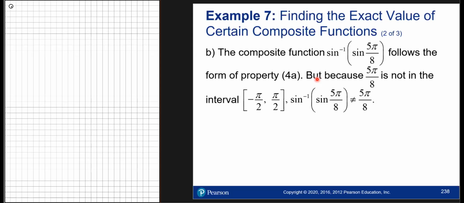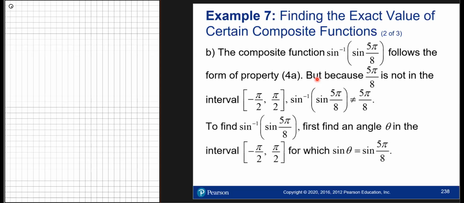But we want to look in that interval. We're going to look at the interval between negative pi over 2 and pi over 2, for which the sine of that angle is the same as the sine for 5 pi over 8.